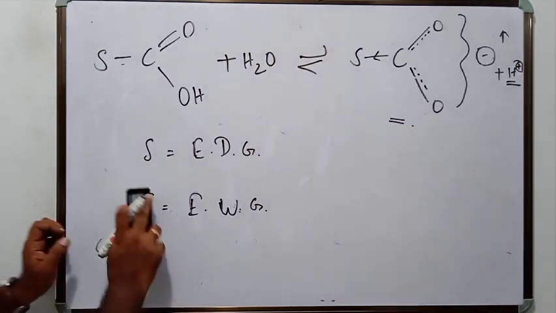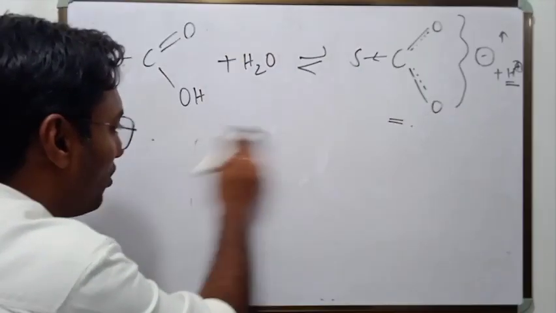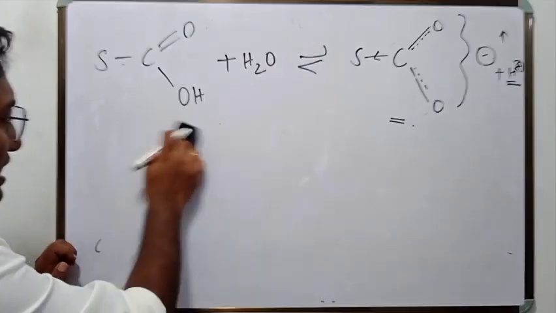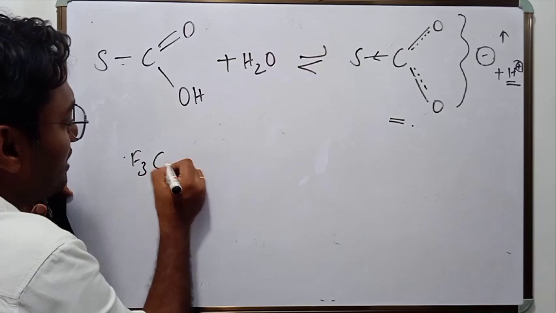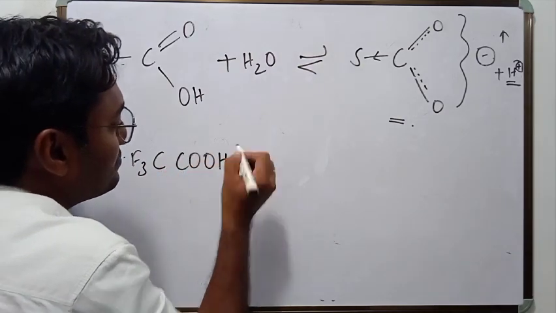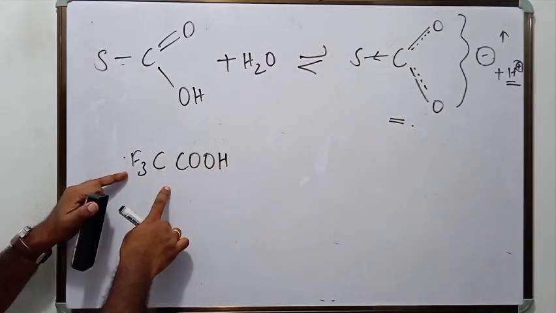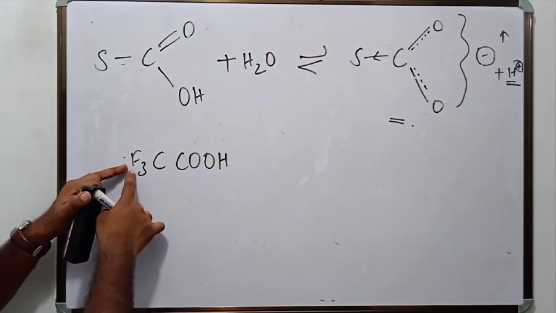That is why the order of acidity is like this. Look at the order of acidity. This is the highest acidic because this is the strongest withdrawing group.